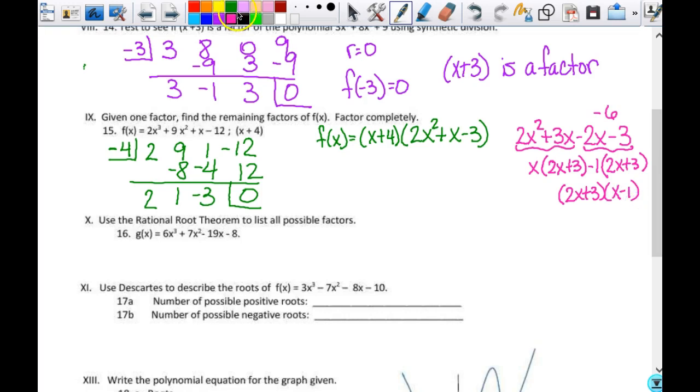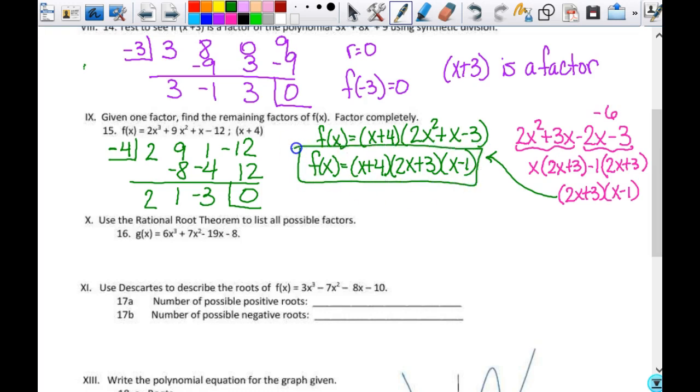When I plug that back in over here, it gives me f of x equals x plus 4 times 2x plus 3 times x minus 1. Okay, so this is factored completely. There it is. I needed to find the remaining factors, but I just had to factor it completely, so I didn't have to write the solutions. It didn't ask for that.